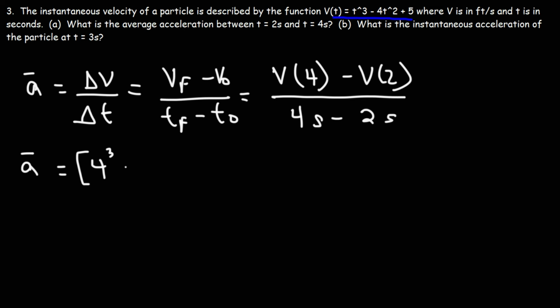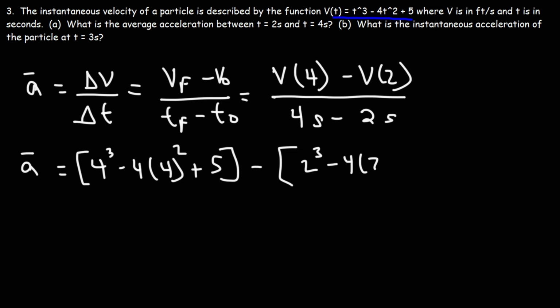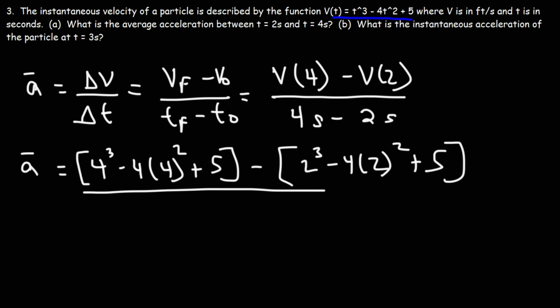It's 4 to the third minus 4 times 4 squared plus 5. So that's v of 4. V of 2 is going to be 2 to the third minus 4 times 2 squared plus 5. And this is all divided by 4 minus 2, which is 2 seconds.